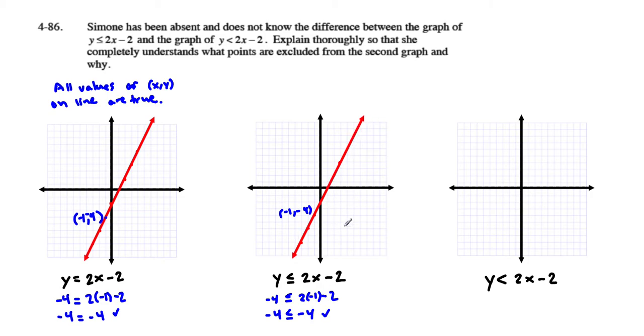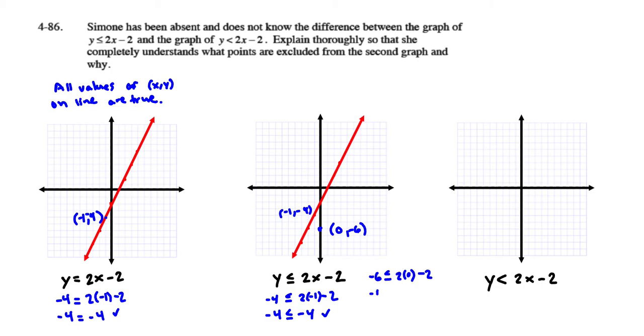However, we also have solutions over here. If we choose any point that is underneath our line, let's say, go down 1, 2, 3, 4, 5, 6. That looks like a nice point. This is the point 0, negative 6. Let's plug it in. Negative 6 is less than or equal to 2 times 0 minus 2.